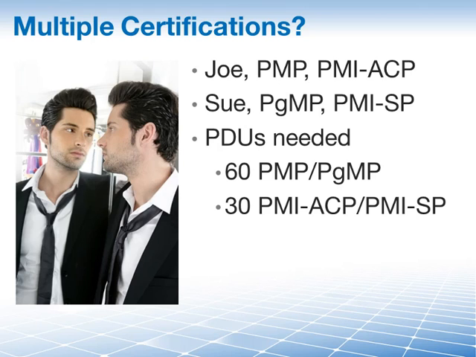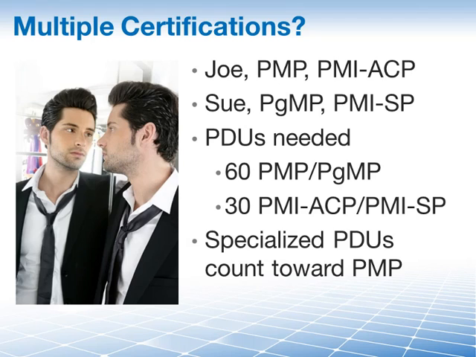But the good news for them is they don't actually need to add these up. They don't need to earn 90 PDUs because the specialized PDUs for their PMI ACP or PMI SP renewal also count for the PMP.